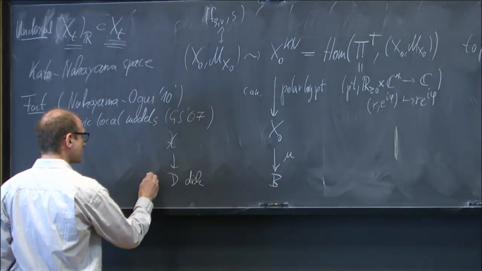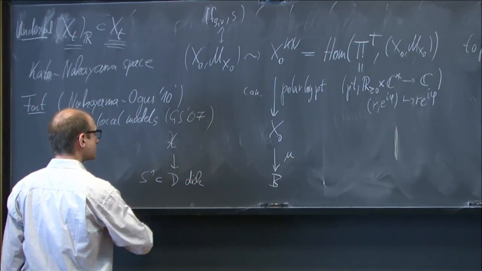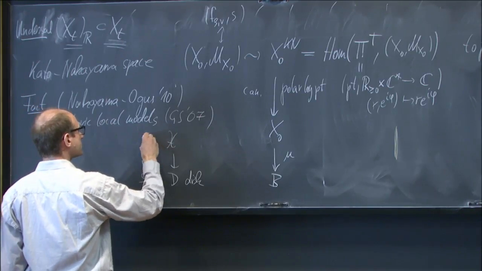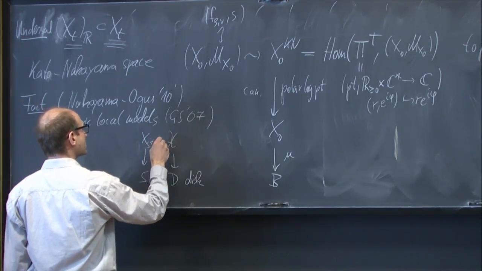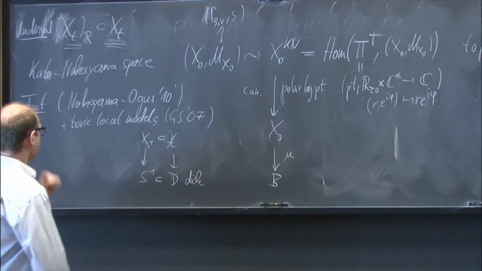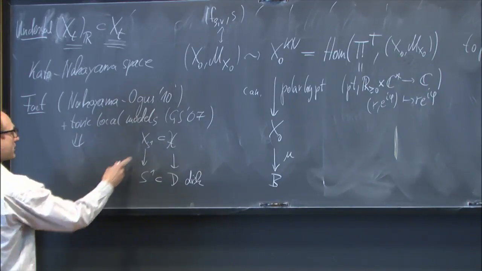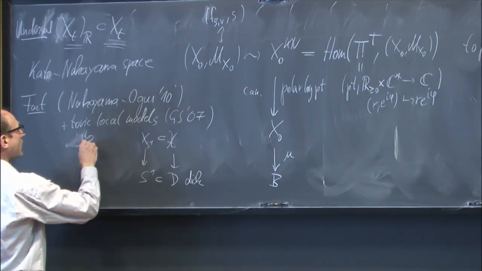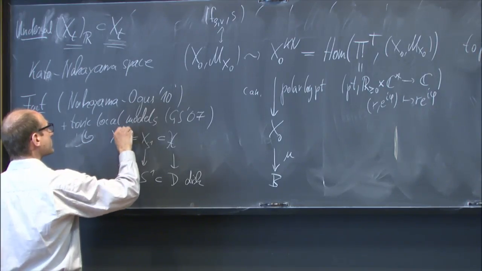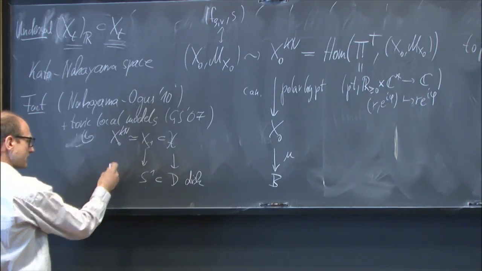So let's assume we have an analytic family, let's say over a disk. We can restrict it to a small circle. And then we get a certain family here. Let's call it X_S1 or something. Okay? And what this says is that this is just homeomorphic as a bundle to the Kato-Nakayama space of x0. So what's the S1 here?